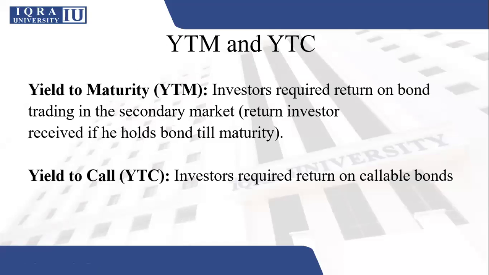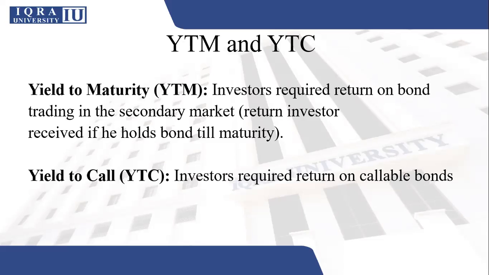We've already discussed this. A callable bond is a bond that can be called by the issuing company at any particular time if there is no deferred call period. Basically, if the corporation is calling back the bond before its maturity, that means that the bond is no longer going to go till maturity. And if it's no longer going till maturity, then the investor is not going to get the return that the yield to maturity is telling you.